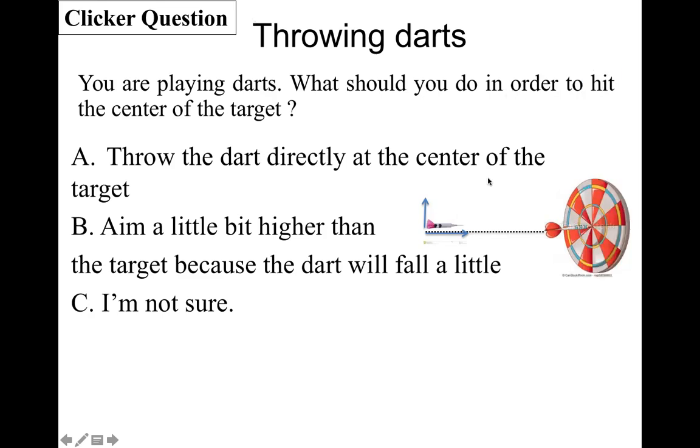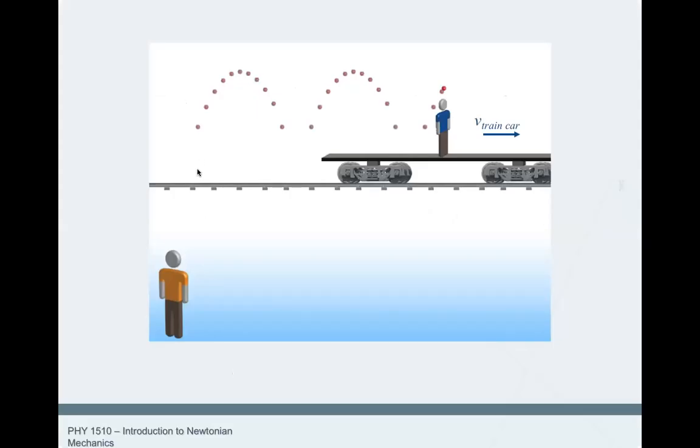But that is something we can trust our common sense and intuition about in terms of the parabolic motion. The dart will fall because of the gravitational pull of the earth, right? So if you want to hit the center, you want to aim a little bit higher so that you are taking that fall into consideration.